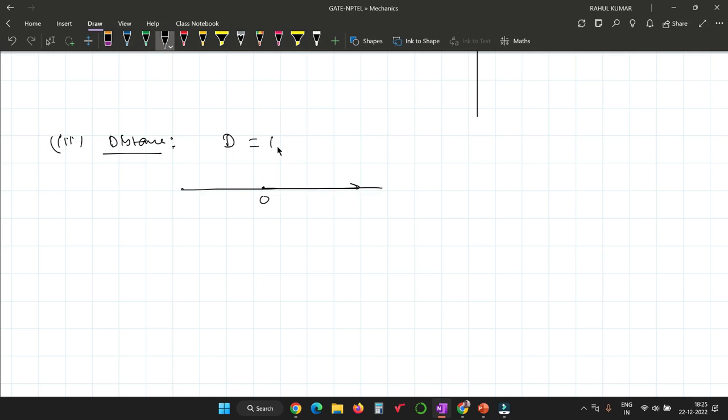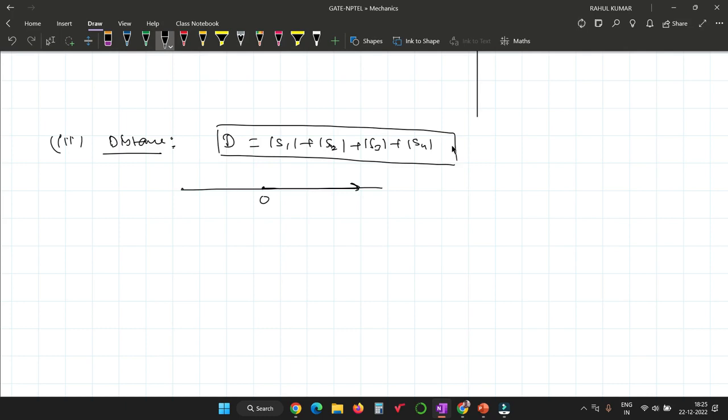You have to add every, what can you say, absolute. You have to add by absolute meaning, which means if you are assuming positive in this direction, then if the particle is moving in the reverse direction, you have to take the mod. Okay, so this is the physical interpretation of distance.